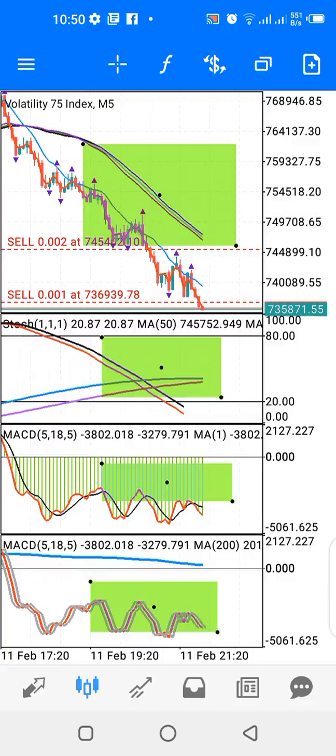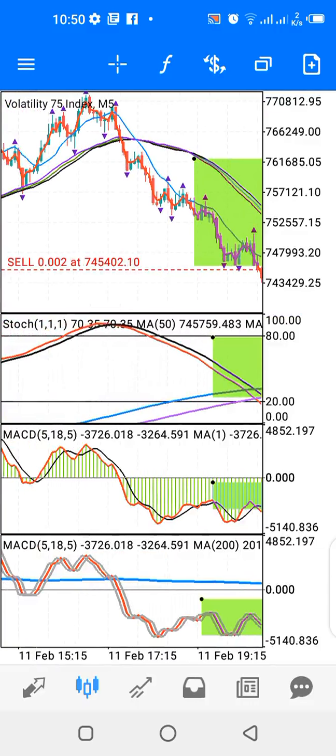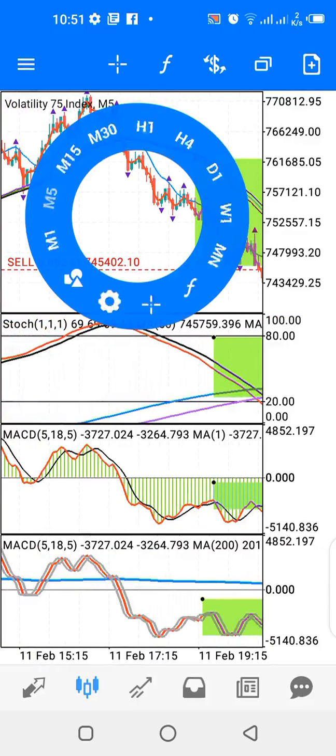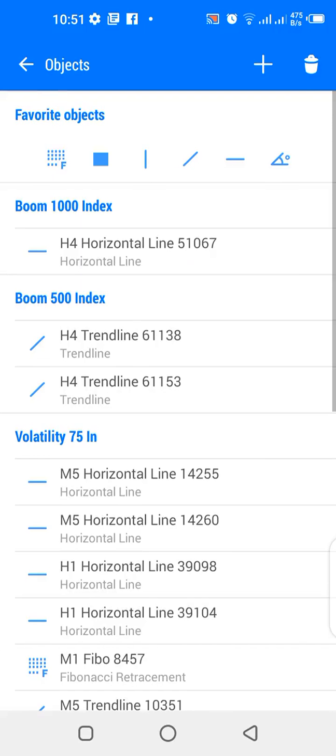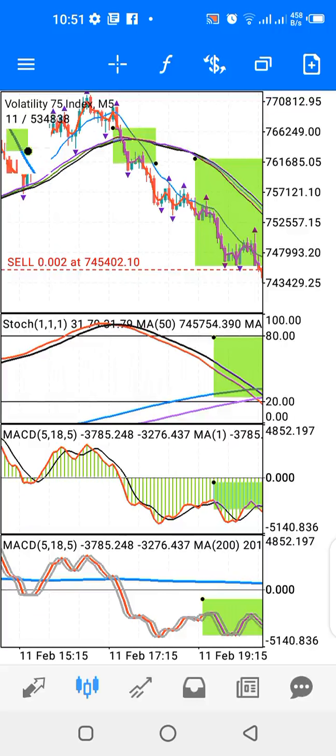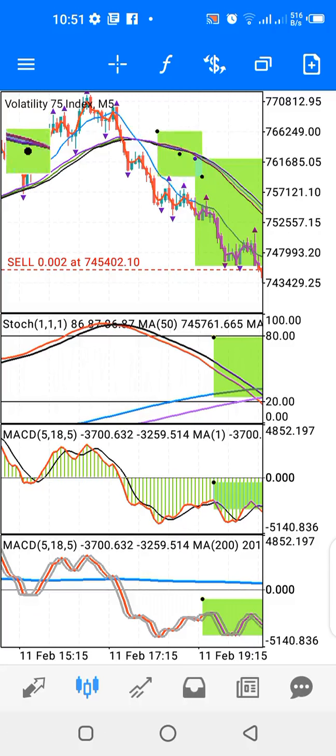All right. So on the main window, when the red and the blue lines cross down on the trend line, this is my trend line, these black, green and purple lines.